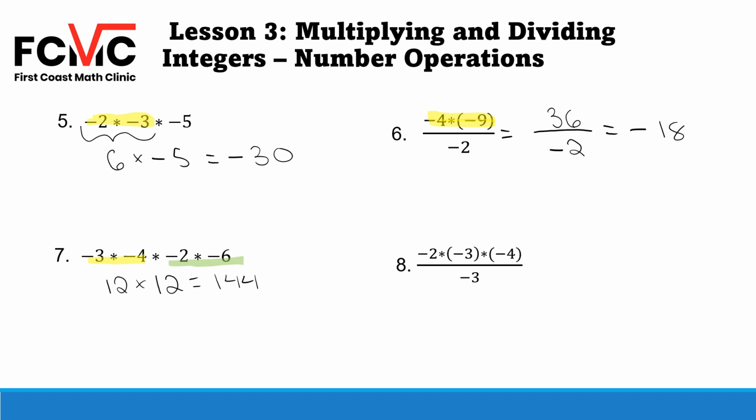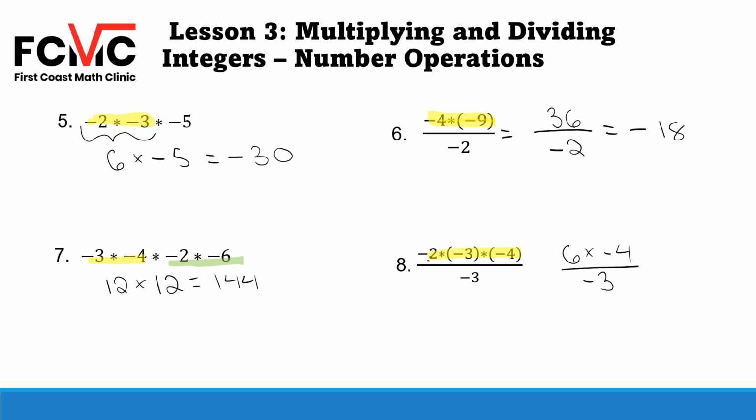For number 8, let's start in our numerator. So we're going to go straight across. And let's start with negative 2 times negative 3. So negative 2 times negative 3, two numbers that are the same sign. We're going to get positive 6 times negative 4 over negative 3.